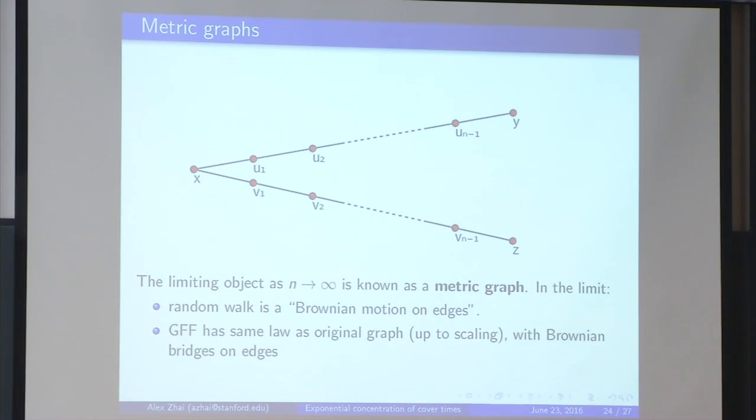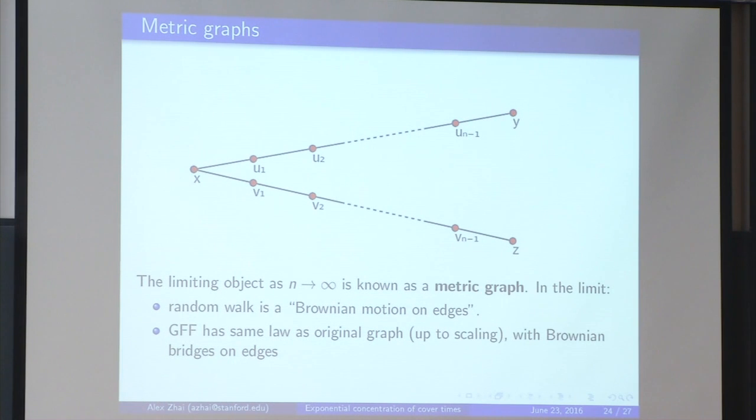So the Gaussian free field on the metric graph is this continuous function that takes values at x, y, and z, but also all the way along this whole edge.